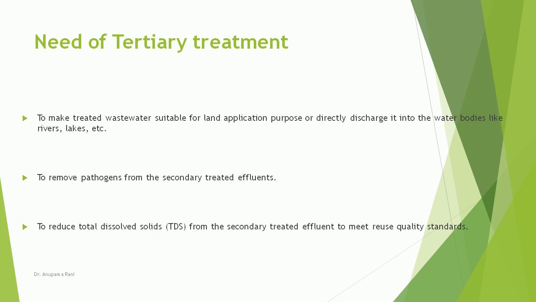Also, to make treated wastewater suitable for land application or to directly discharge it into water bodies like rivers, lakes, etc. To remove pathogens from the secondary treated effluents. To reduce total dissolved solids (TDS) from the secondary treated effluent to meet reuse quality standards.